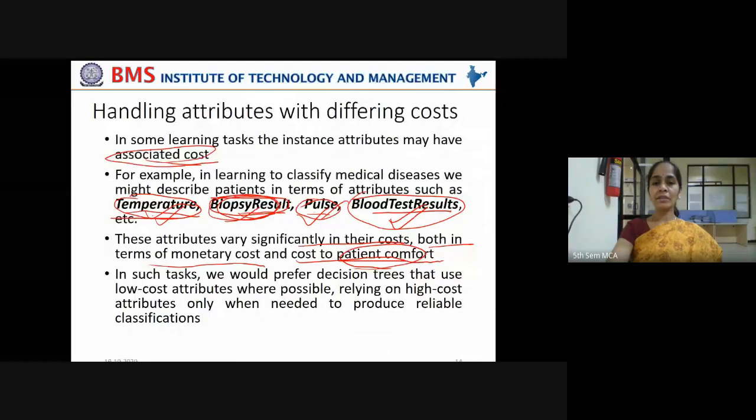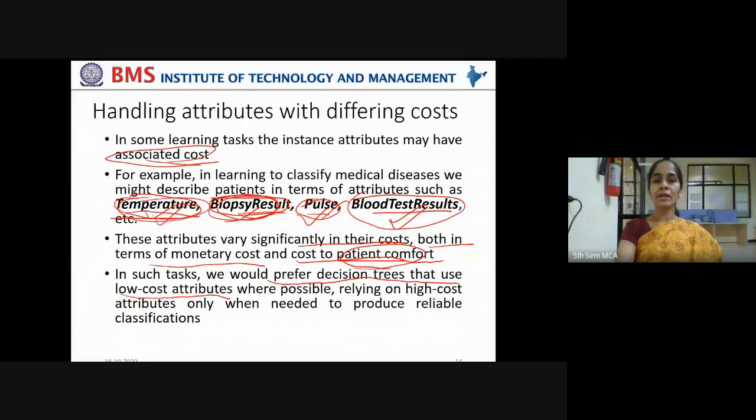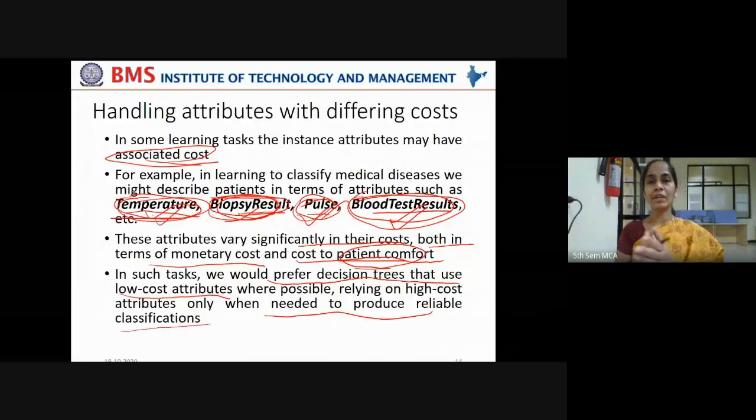In such tasks, we would prefer decision trees that use low cost attributes. What are the low cost attributes here? Temperature, pulse and blood test result. We would prefer decision trees that use low cost attributes where possible, relying on high cost attributes only when needed to produce reliable classifications.